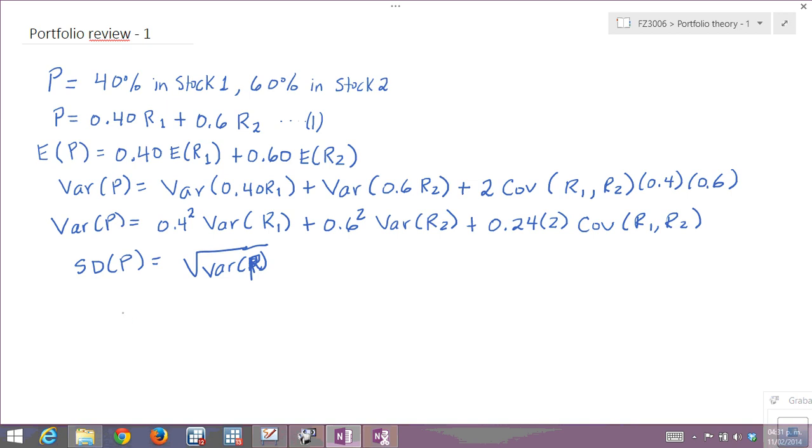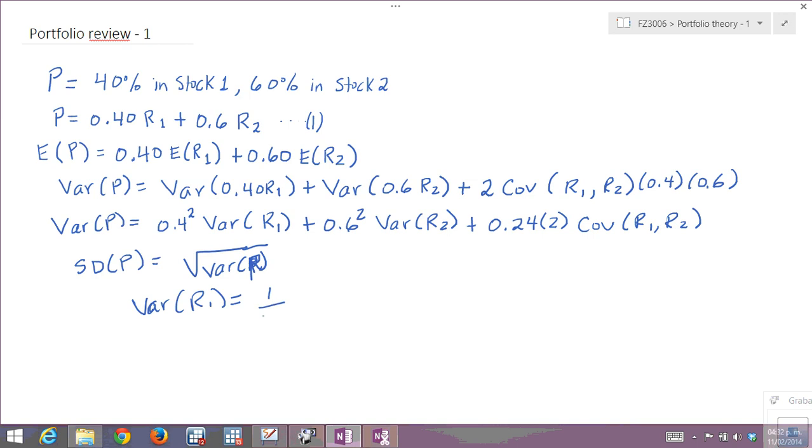Then how can I compute the variance and the covariance of two random variables? I'm going to start with the variance. The variance of a random variable is basically an average of deviations from the mean.